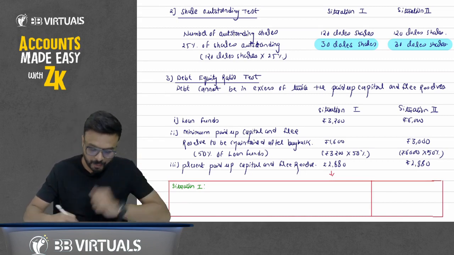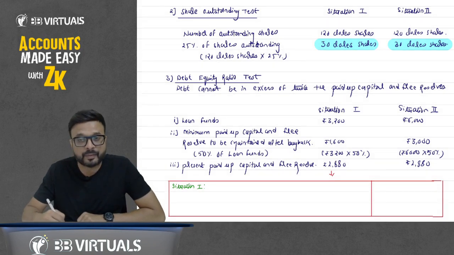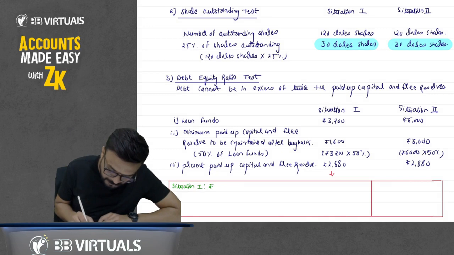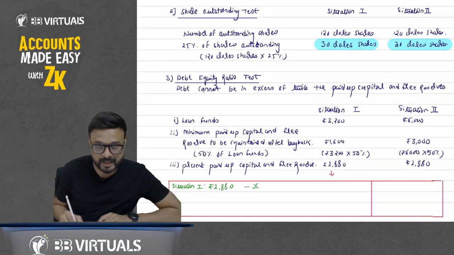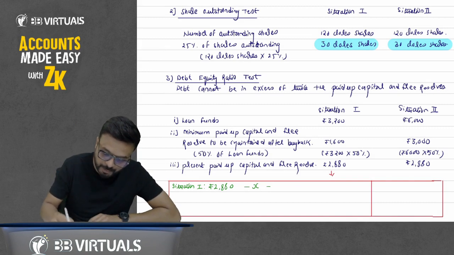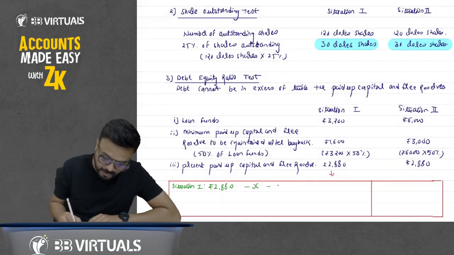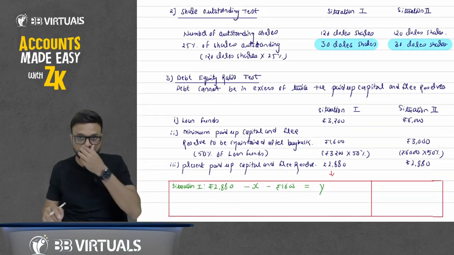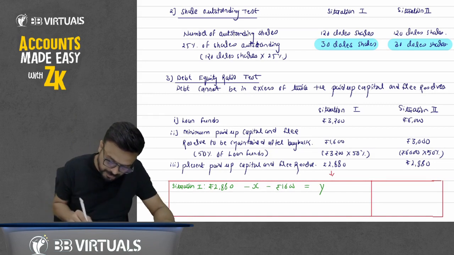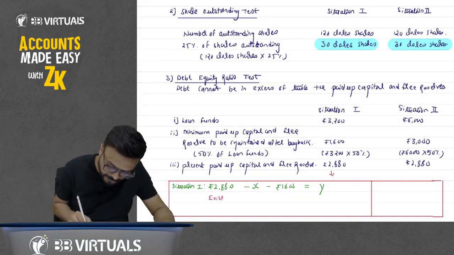So existing paid up capital and free reserve is 2,880. Some amount will be transferred to CRR, we call it X, and then some should be maintained, that is 1,600, and the remaining can be utilized for the purpose of buyback, that is Y. So this 2,880 is the existing paid up capital and free reserve.